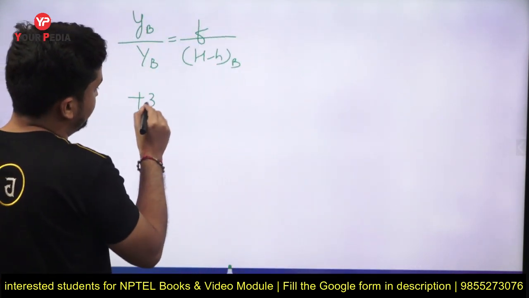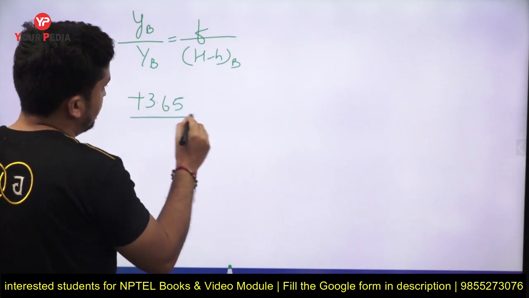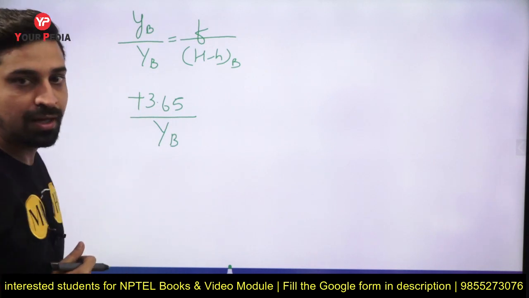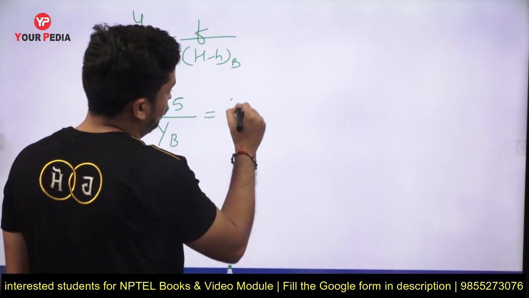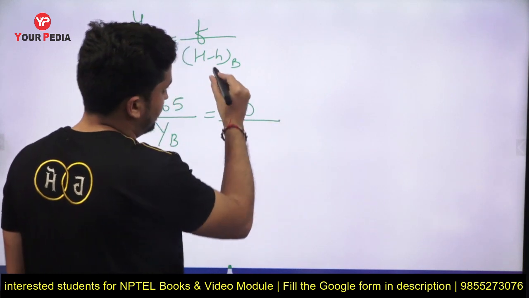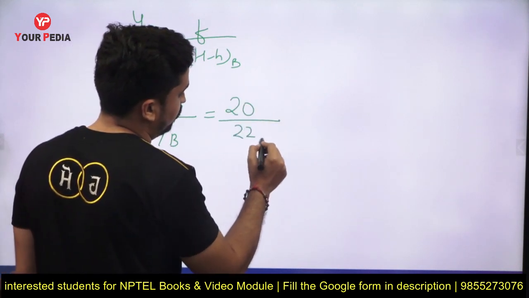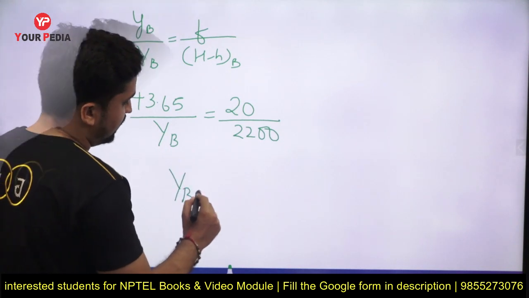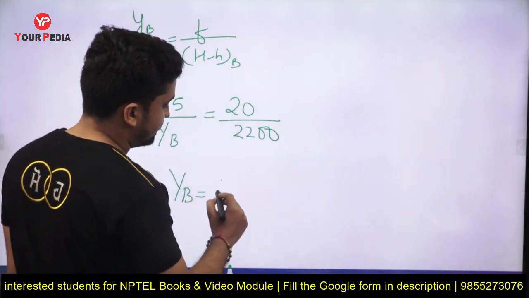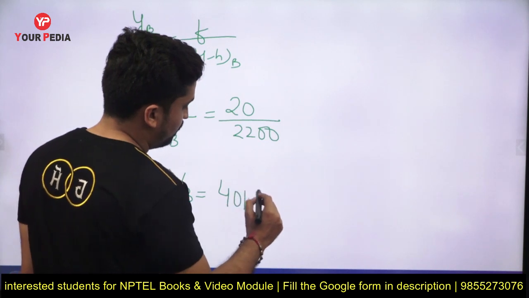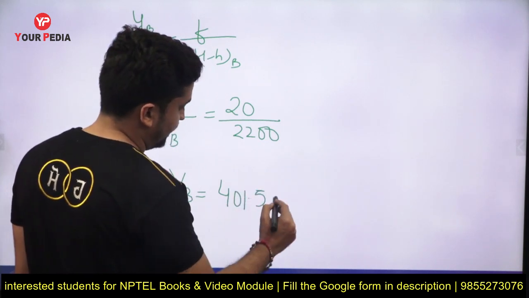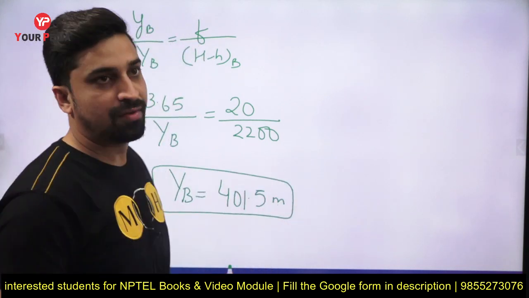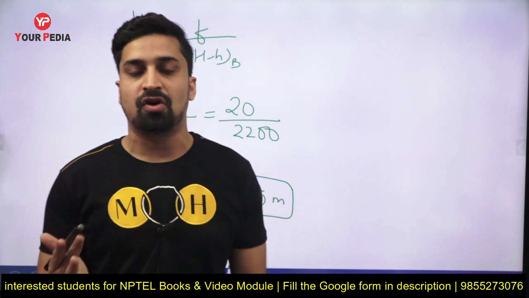So plus 3.65 divided by capital YB, which is the y coordinate of point B on the ground, and this will be equal to focal length 20 and H minus h of B 2200. From this you will get the value of YB as 401.5 meters, right?